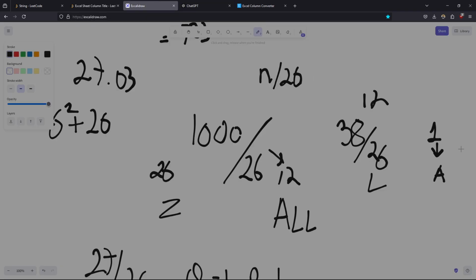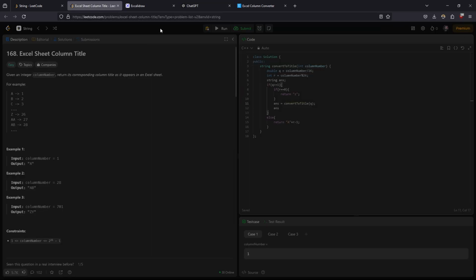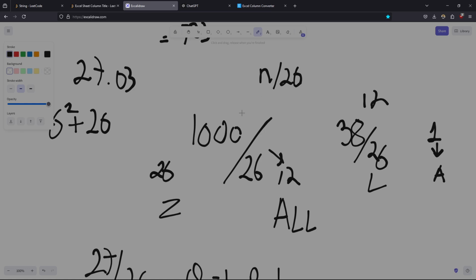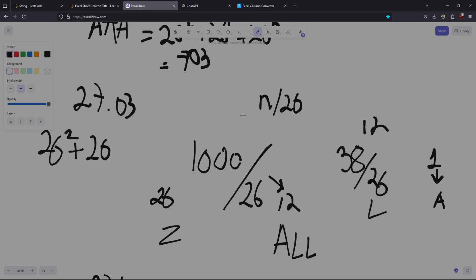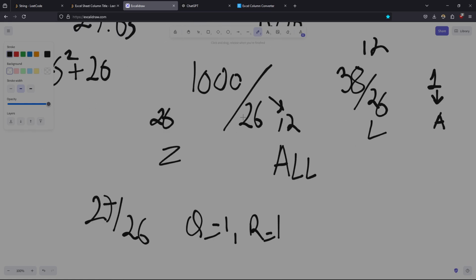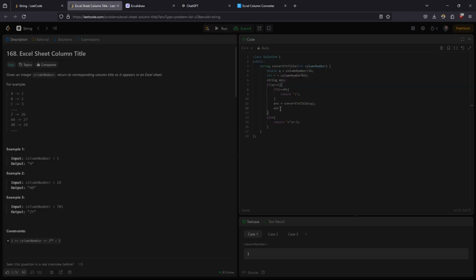If one comes here, it will return A. So A will be taken by the answer, and we still have the remainder left. So before assigning the answer which comes from the recursion to the ans variable, what we need to do is calculate for the remainder.